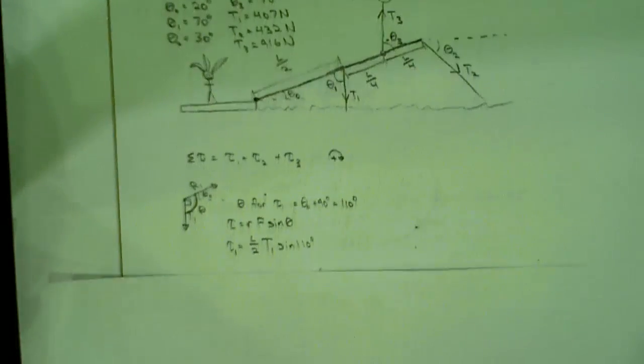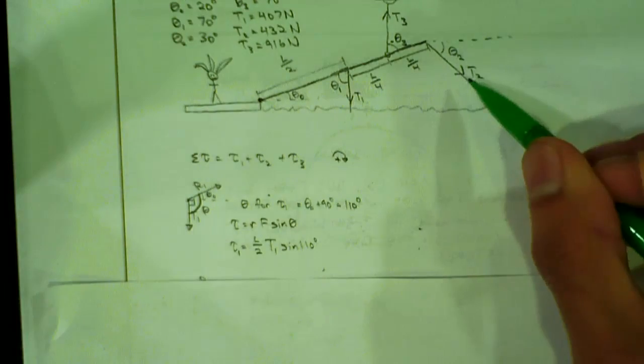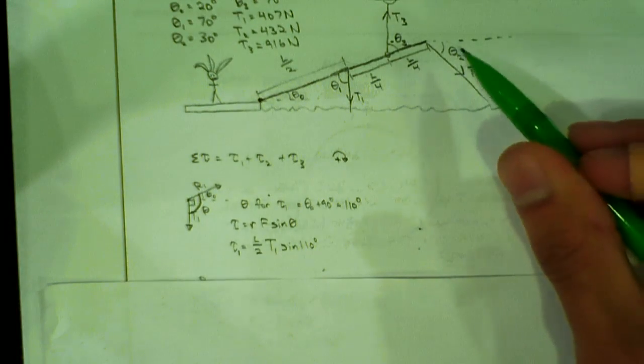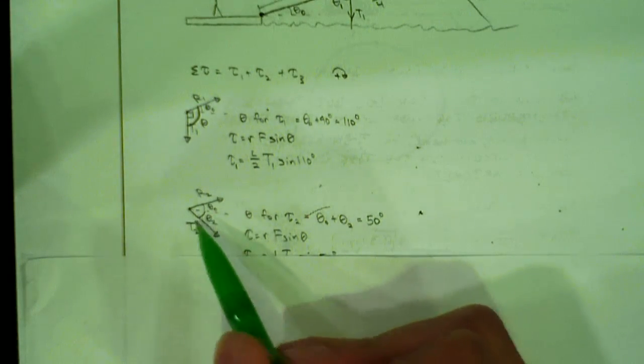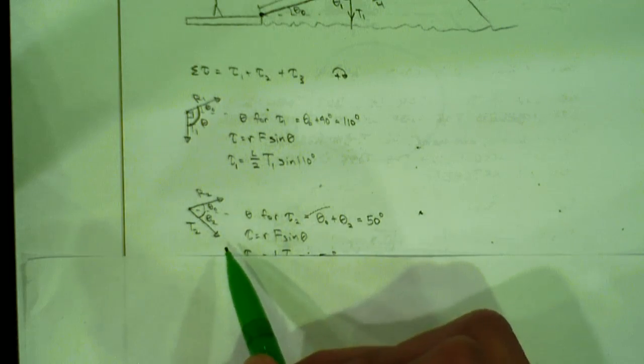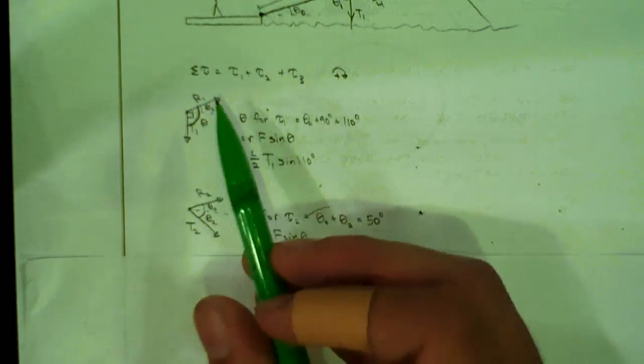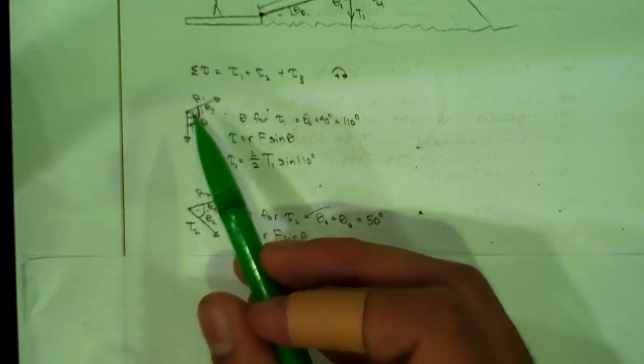This one we're dealing with the torque due to tension 2 over here. If we do the same little diagram, we have tension 2 moving at an angle this way. Then we extend the radius again, the same way we did over here.